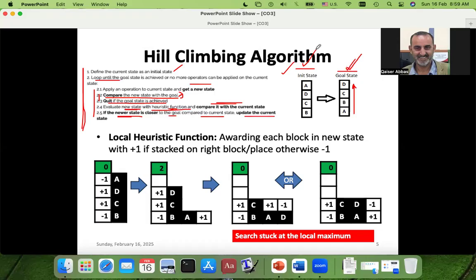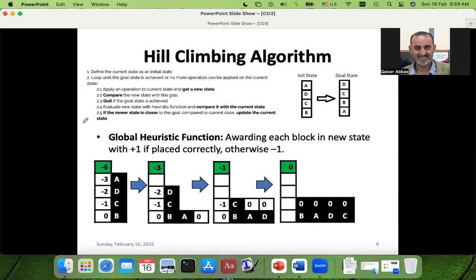Hill climbing is in the category of local searches. Whatever you have studied in local search, you can apply that concept over it, or you can also apply some global strategy here. We will see.